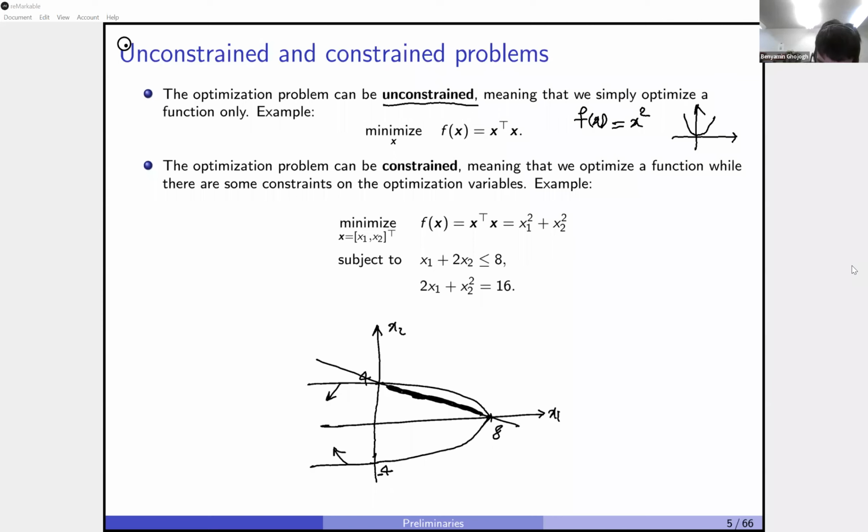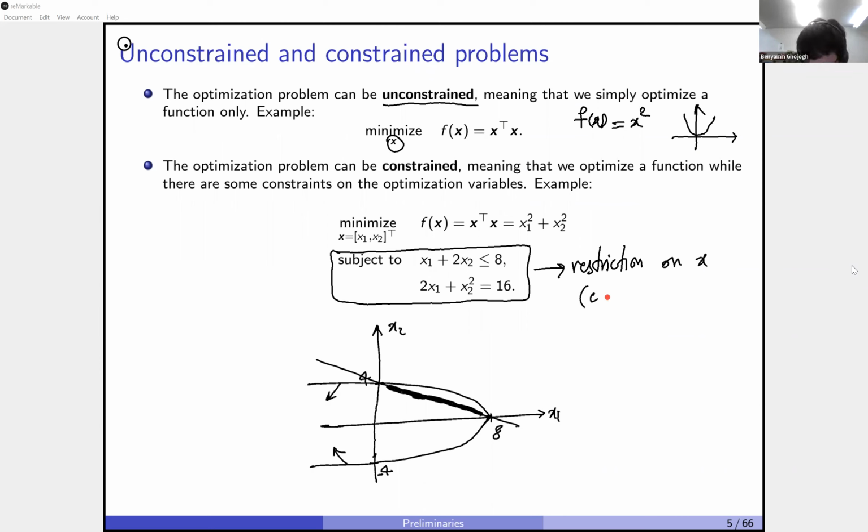There is no restriction on x, right? But if there is a restriction on x, as you see here, this restriction or these restrictions are called constraints.